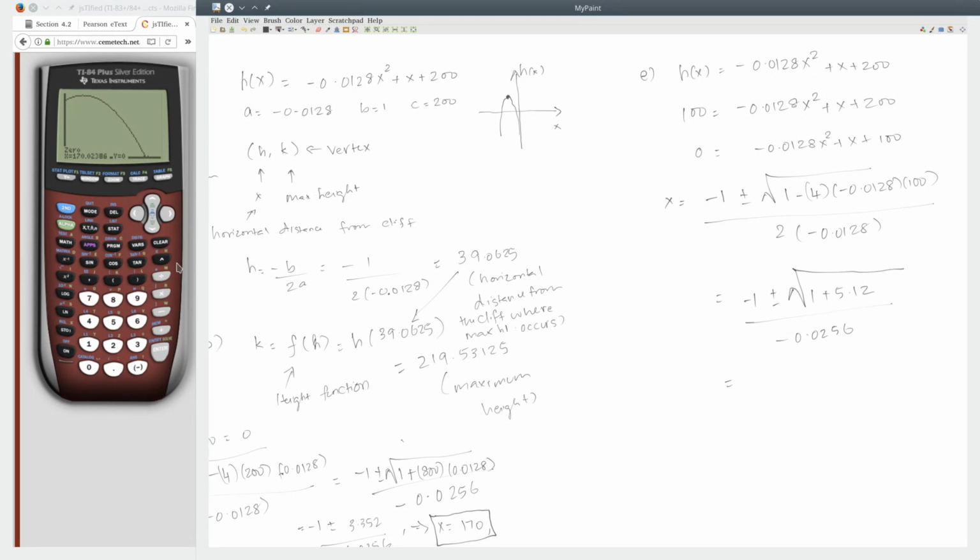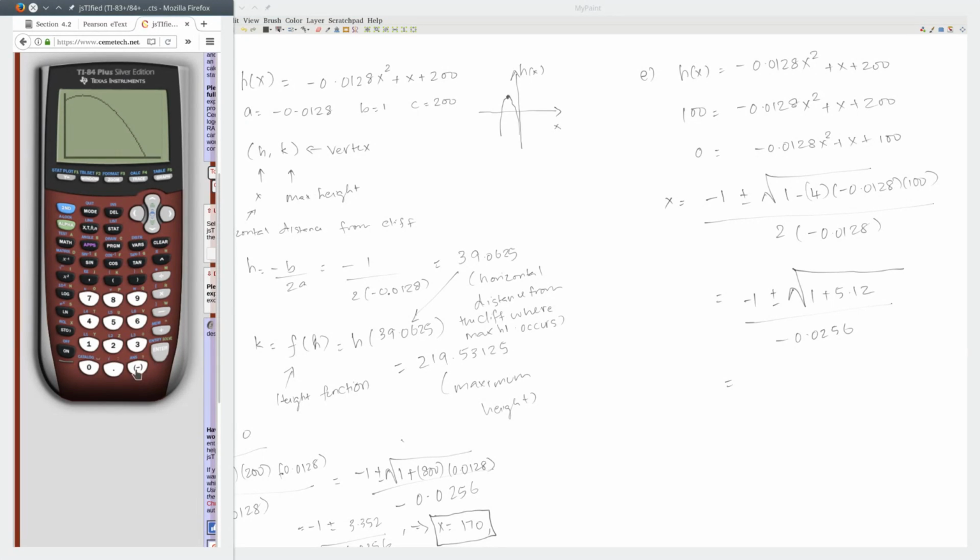We have minus 1 plus the square root of 6.12 divided by negative 0.0256. Clearly that can't be an answer because we get a negative solution.